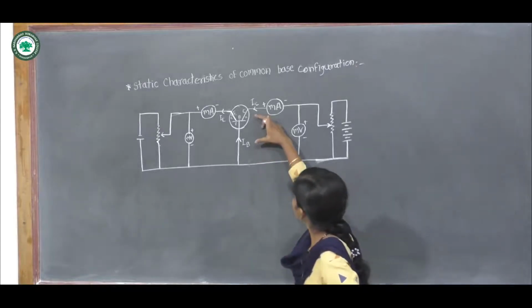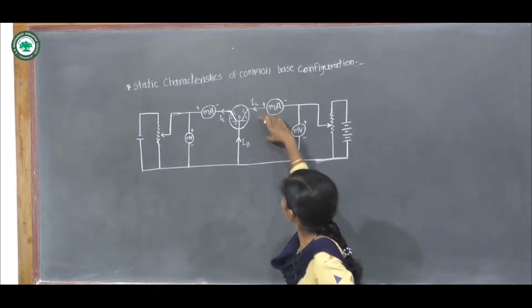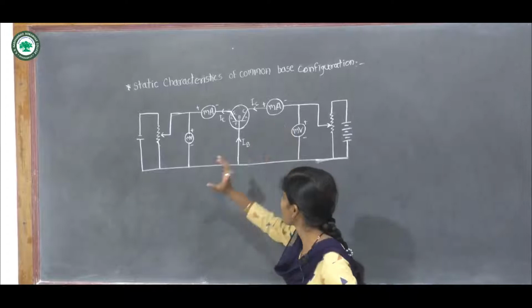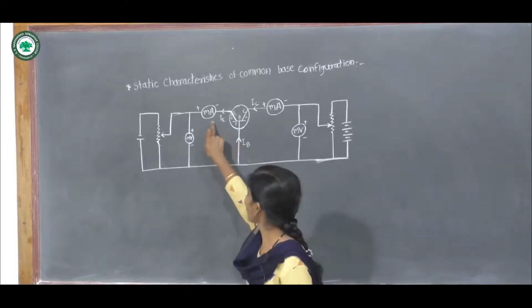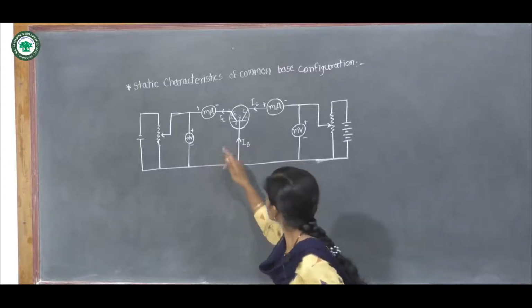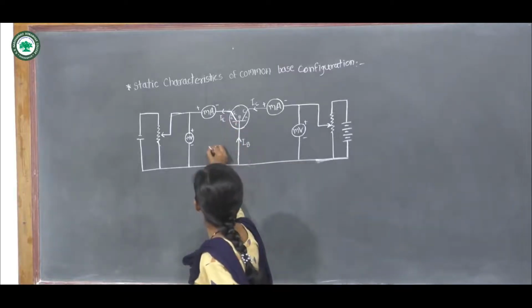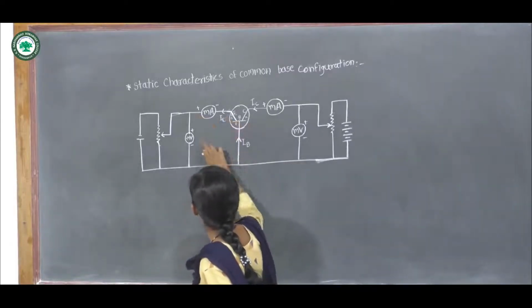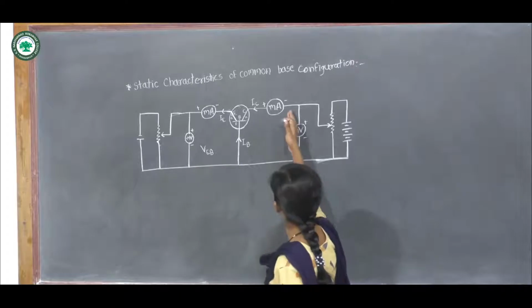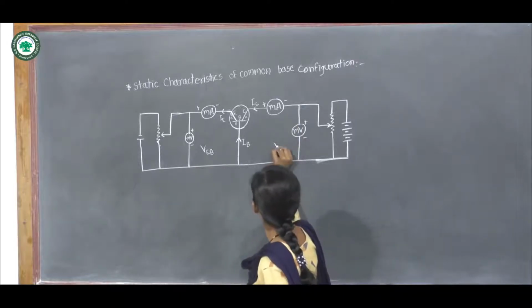So when collector base voltage is kept constant, one has to observe the change in IE as a function of VEB. The voltage between emitter and base will be VEB, and the voltage between collector terminal and base terminal will be VCB.